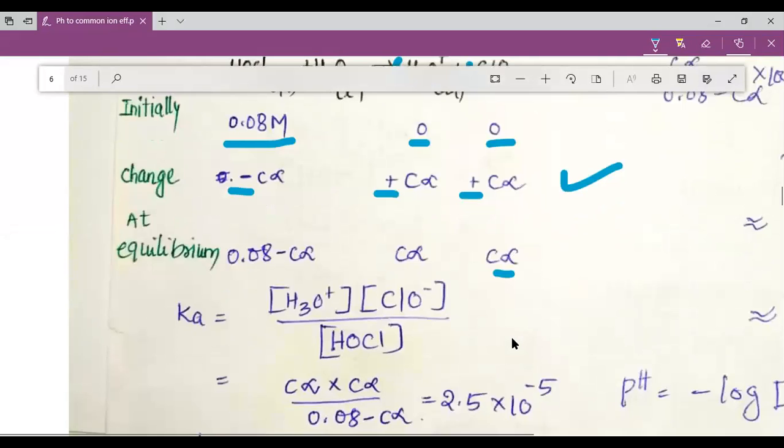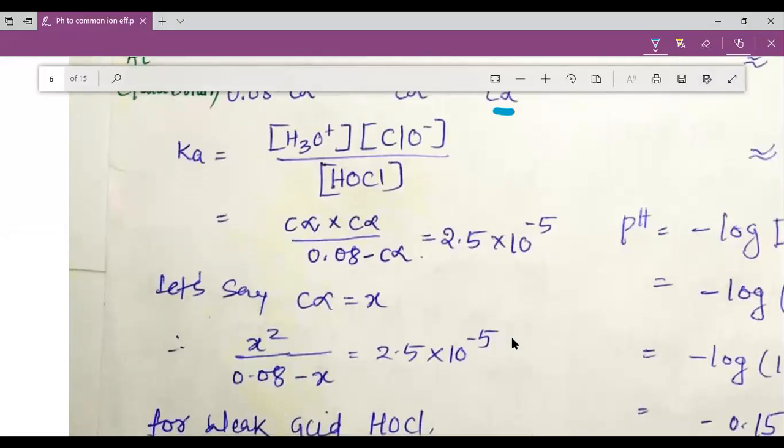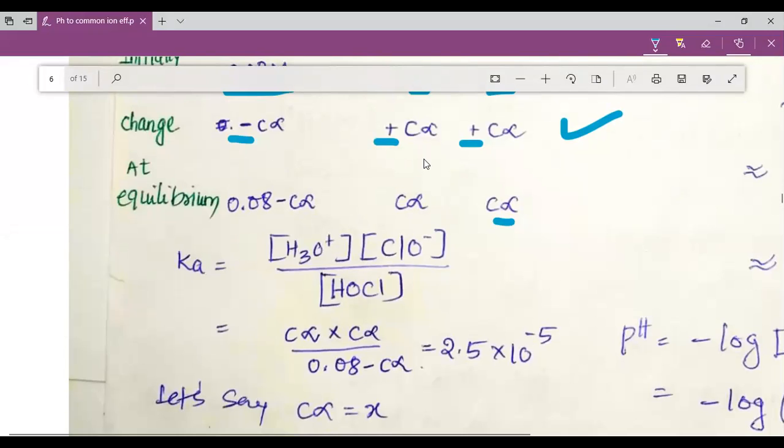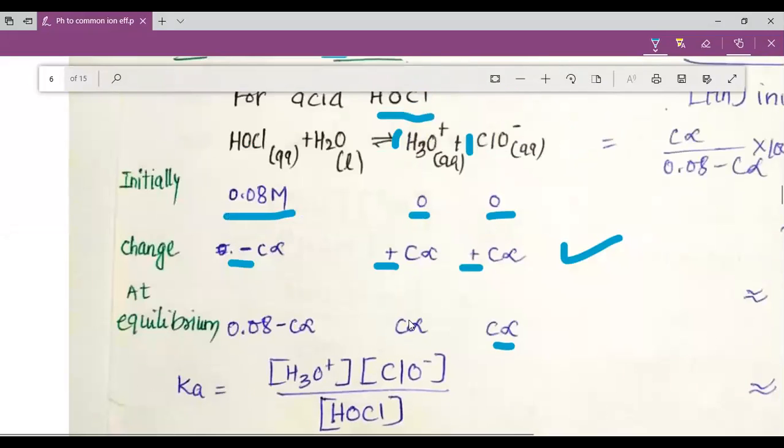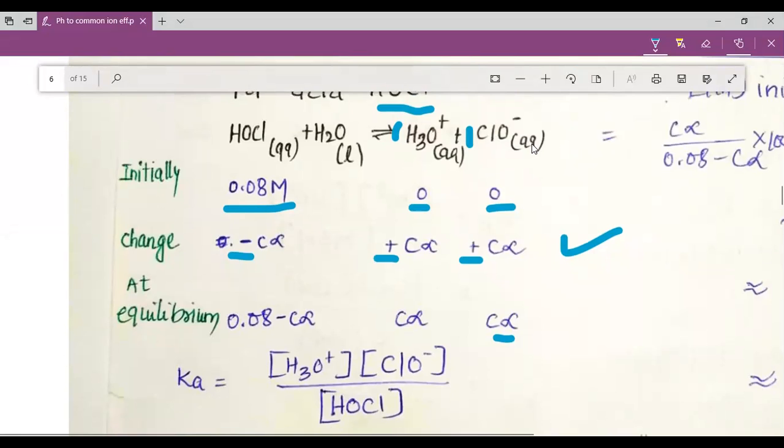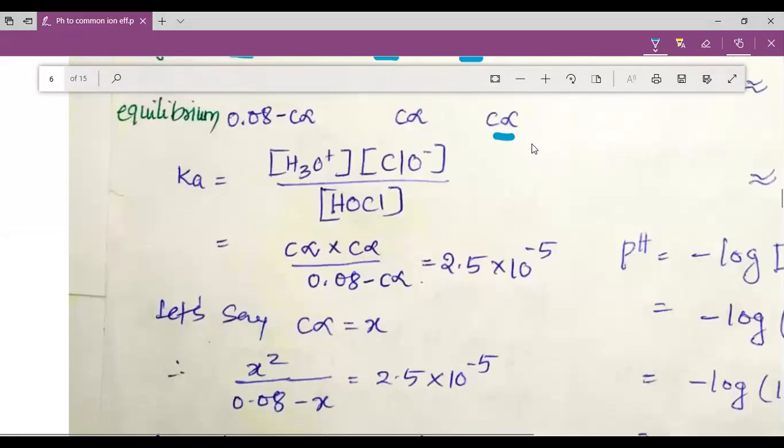Now for the dissociation constant Ka, we write the product of the concentration of products divided by the concentration of reactants, and that is why we write the concentration of H3O plus multiplied by the concentration of ClO minus divided by the concentration of HOCl. You can see here the concentration of H3O plus is C alpha, concentration of ClO minus is C alpha, and concentration of HOCl is 0.08 minus C alpha.